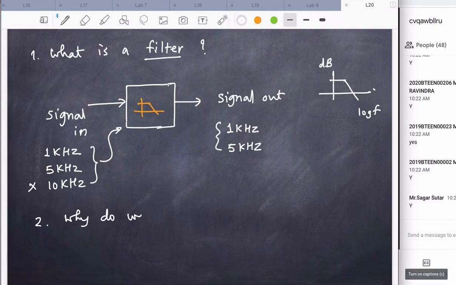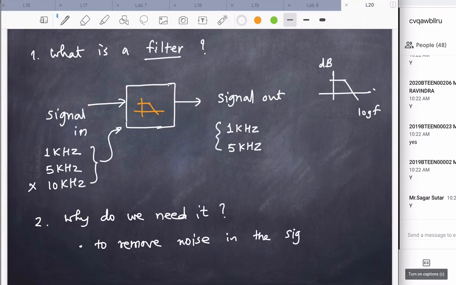So, first purpose is to remove noise in the signal. Second reason is to limit the signal bandwidth.